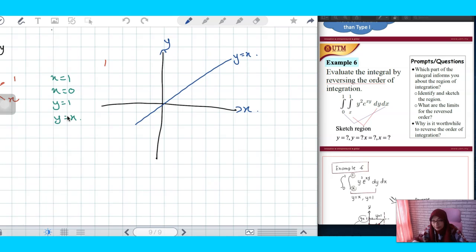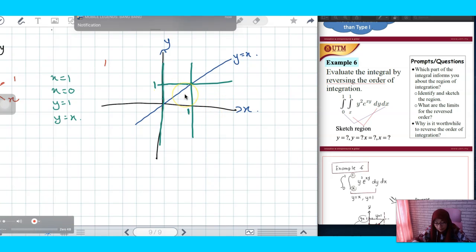Then the rest will follow: I have x equal to 0, x equal to 1, y equal to x, and y equal to 1. So where is y equal to 1? Since we know this one is 1, this one should be equal to 1. So when y equal to 1, that is the line.